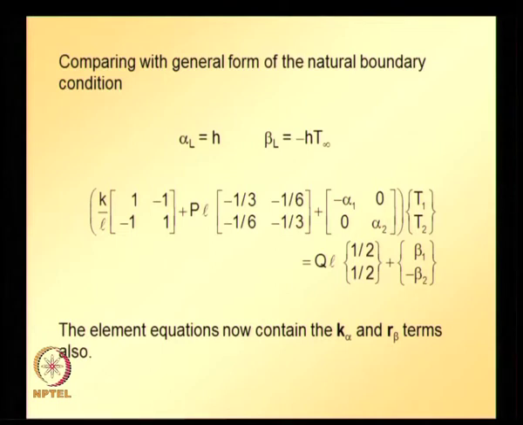In the previous example, where we did not have this convection boundary condition, alpha 1, alpha 2 and beta 1, beta 2 were all 0, so the contribution of the matrix consisting of alphas and the vector consisting of betas we have not seen. But for this particular problem, alpha L which is alpha 2 and beta L which is beta 2 are given, so these are non-zero. The element equations now contain k alpha and r beta terms.